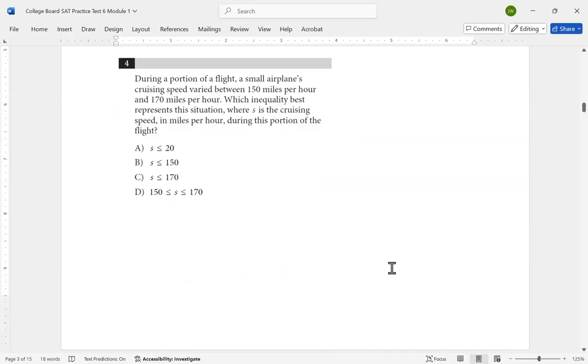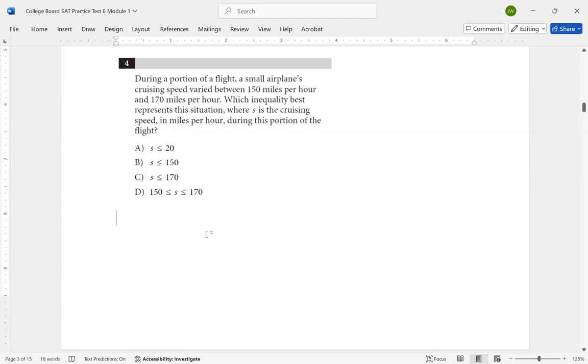Question 4 says during a portion of a flight, a small airplane's cruising speed varied between 150 miles per hour and 170 miles per hour. Which inequality best represents this situation where S is the cruising speed in miles per hour during the portion of the flight?